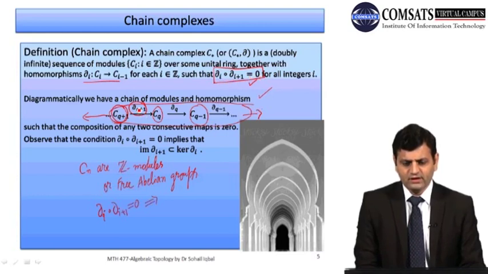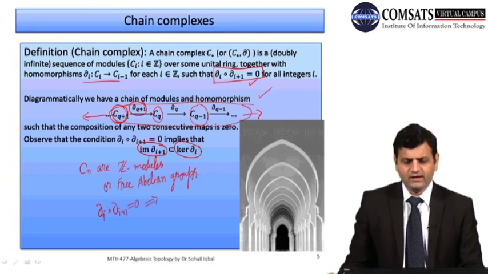So whatever the images of ∂_{q+1} are, these images will be inside C_q, and they belong to the kernel of ∂_q, because when we apply ∂_q on those elements we get 0. That's why the image of ∂_{q+1}, or taking this to be i, is contained in the kernel of ∂_i. Of course there are many other consequences as well. So this is the definition of chain complex.